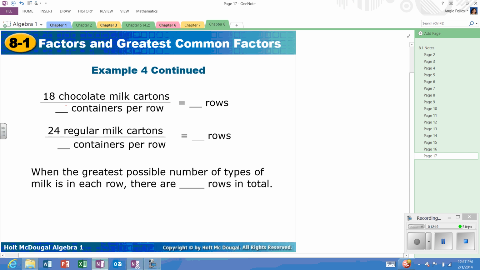So we know that we need 3 rows of the chocolate because 6 goes into 18 3 times. For the 24 regular milk cartons, we need to see how many times 6 goes into 24, and it's 4 rows. So we're going to have 3 rows of chocolate milk and 4 rows of regular milk. So the greatest number of total rows is 7. We've got 7 total.